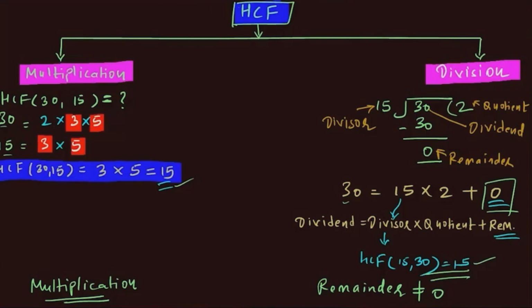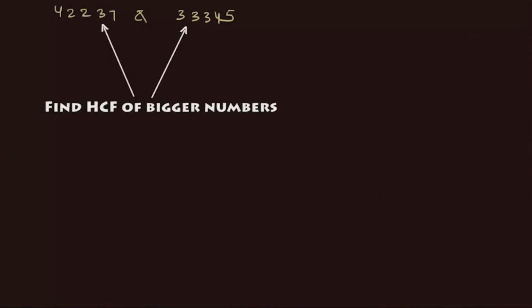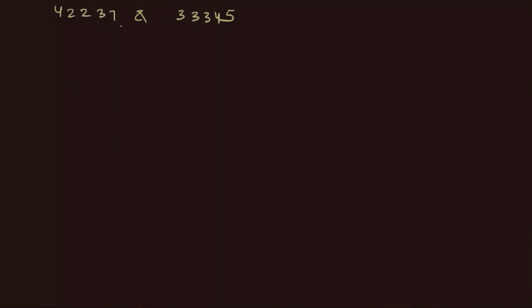Say, for example, we want to find the highest common factor of big numbers like 42,237 and 33,345. Here it will be very difficult to list out all the factors of such big numbers and then find the highest common factor. So instead of using the multiplication method, we will prefer the division method.